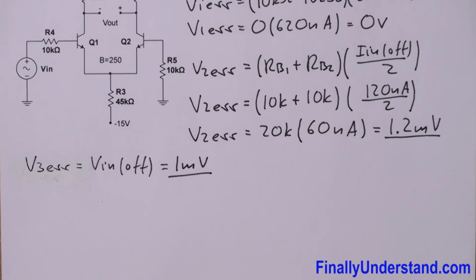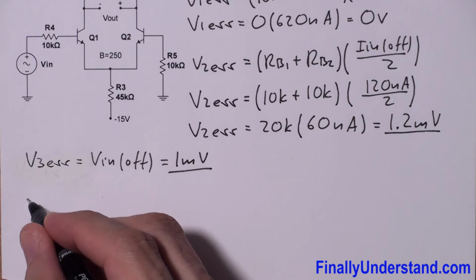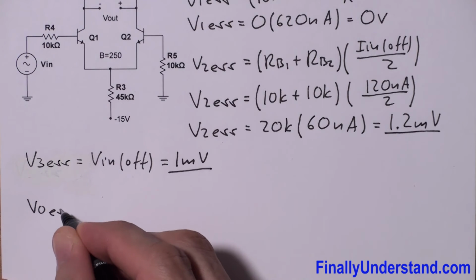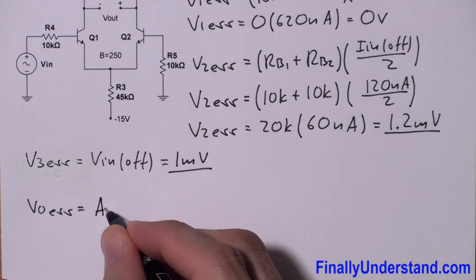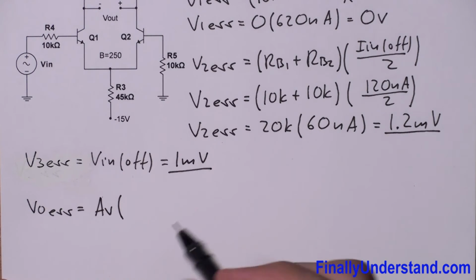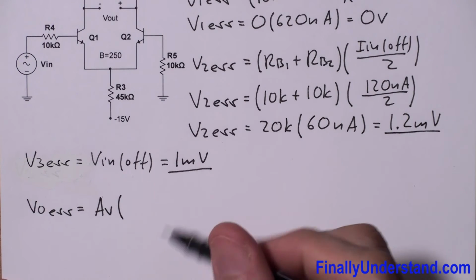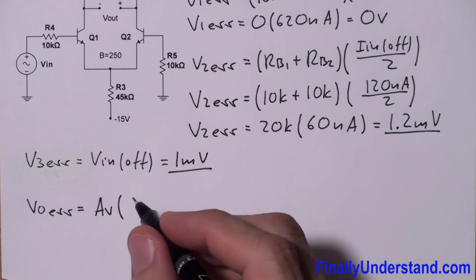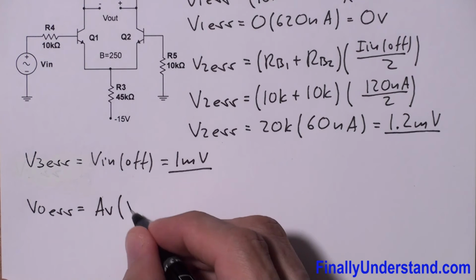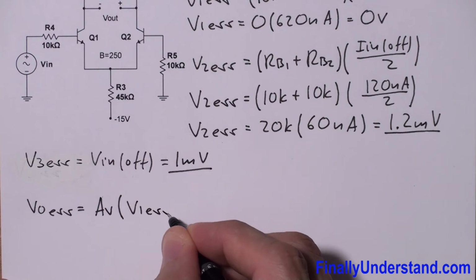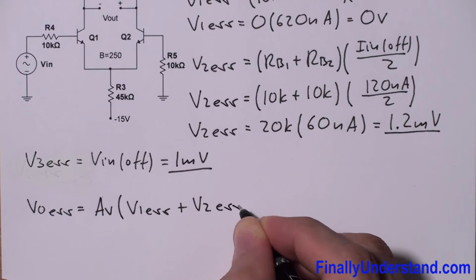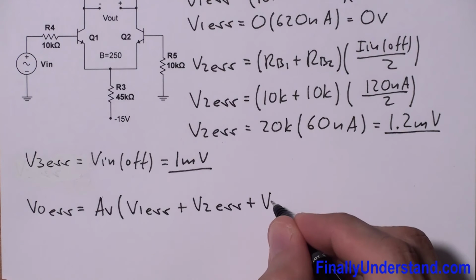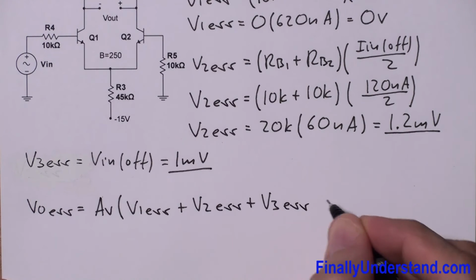Next, I'm supposed to find the output error voltage. So V out error is equal to the voltage gain times the sum of my 3 input error voltages. So I have V1 error plus V2 error plus V3 error.